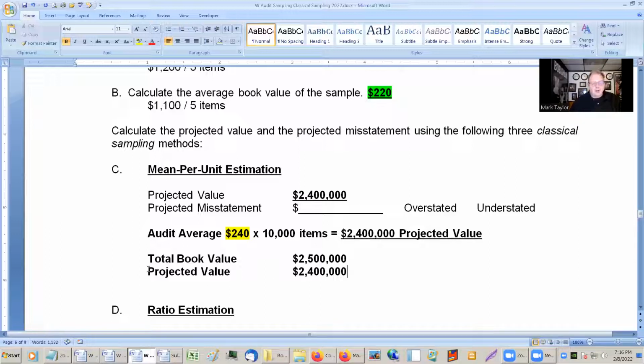All right, so we would have a projected misstatement. 100,000.